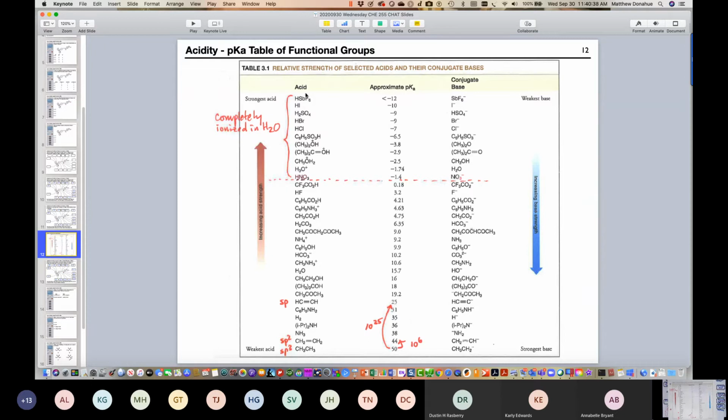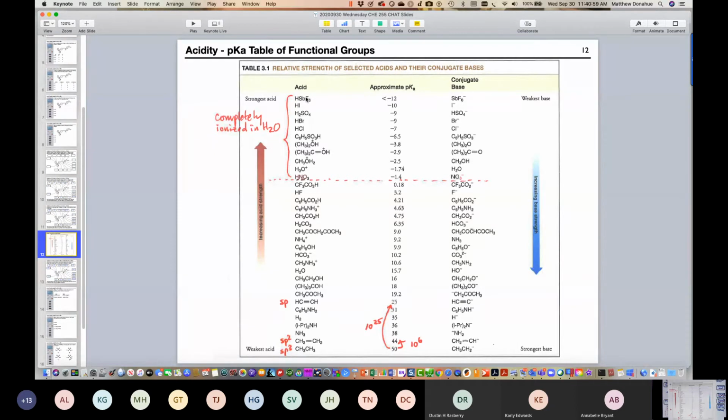This table here, we're starting very broad on the practical skill of what you need to do, and then we're going to go into the theory of acid bases. So look on this column here, where it says acid.